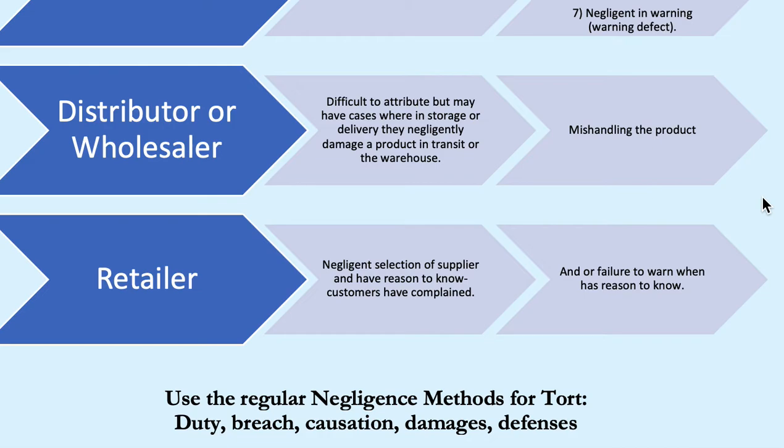Negligent selection of supplier: let's say the retailer had people coming in and returning stuff and complaining, and the retailer should have known there's something wrong with the product, but they continued to sell it. That would have been negligent. And if they continued to sell it and they didn't put up a warning and they knew, that would be failure to warn.